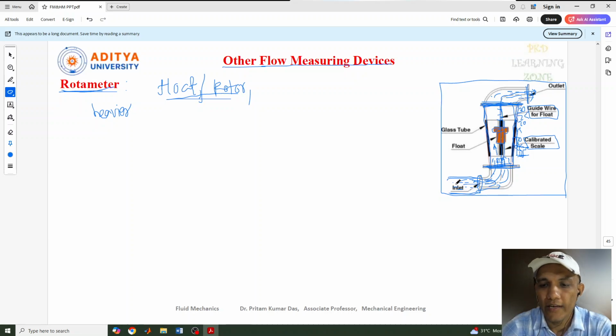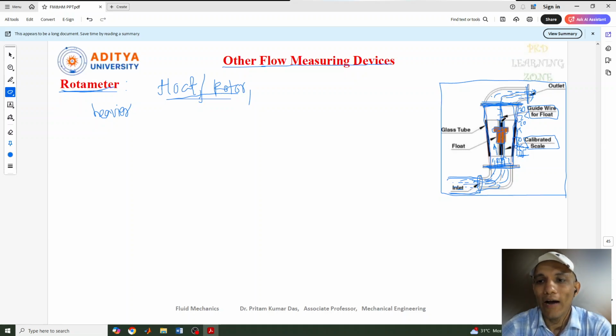Okay, so when the fluid started moving here, this rotor or this float shuffles, or you can say it is displaced here and there. So once the flow started, this float may go up and down, since there is a continuous flow.